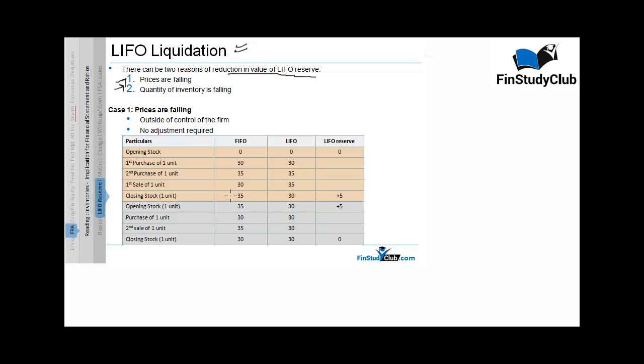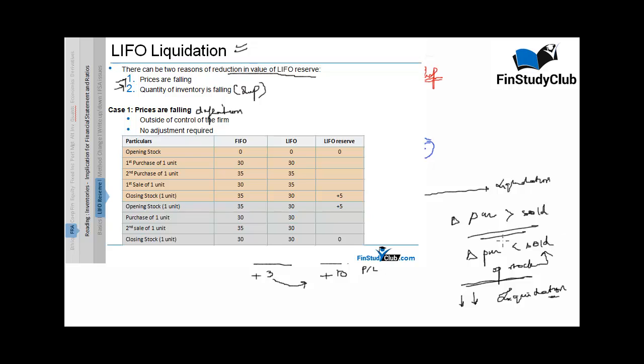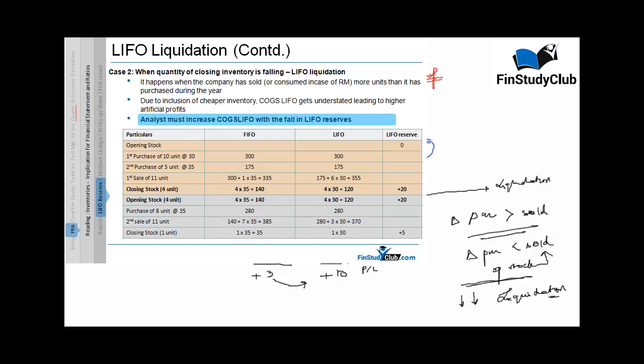One, when the prices fall again, which means that after a year of inflation there is deflation. Or the second reason, which is the more important one, is when the quantity of inventory is falling, which is exactly what I was discussing a little while ago. When the quantity of inventory is falling, it means that the opening stock quantity is lower than the closing stock quantity.